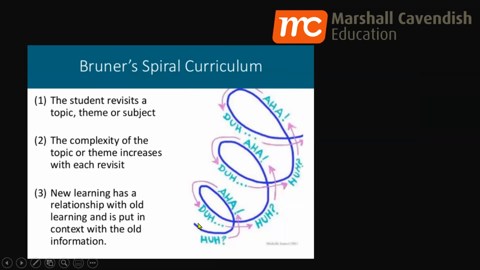Then the learning takes place, and that's where they go through active learning, where they explore, where they discover new concepts, and then the aha moment kicks in, and then that's when practice comes in, a little bit of practice to reinforce what they have learned earlier, to reinforce what was discovered. So as they practice, they become better at it. And then it becomes like, duh, this is so easy.